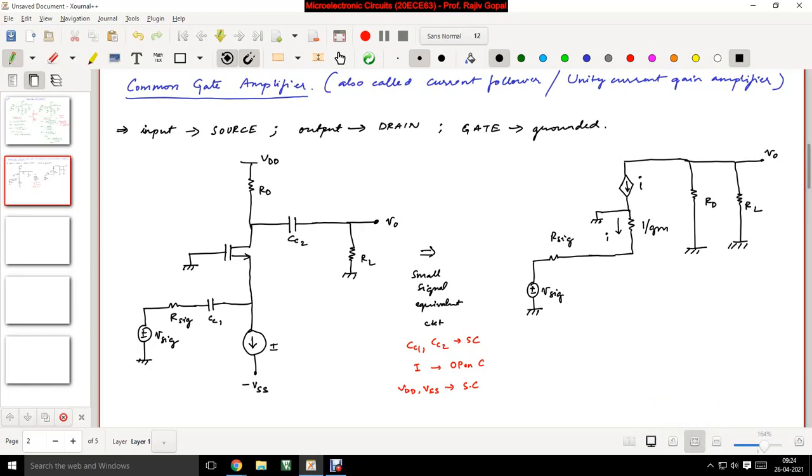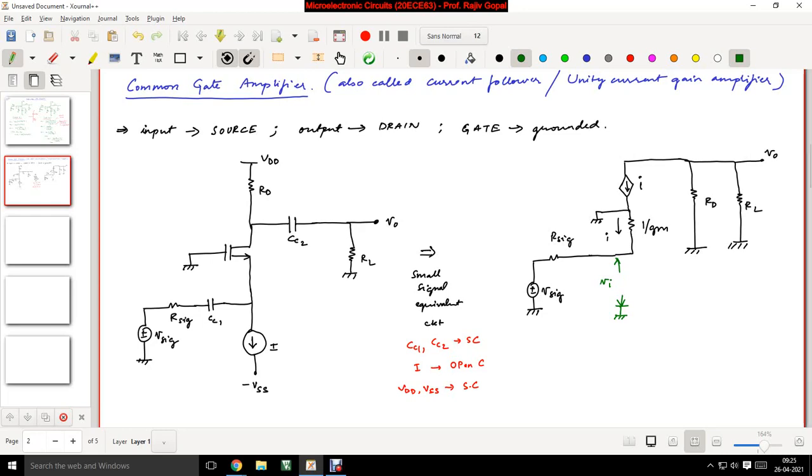So in this, if I look at this part, between this and ground, that is actually VI. Remember, VI is being applied here, right? VI is a signal which is coming from the actual input signal source.